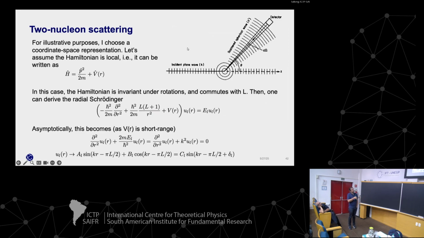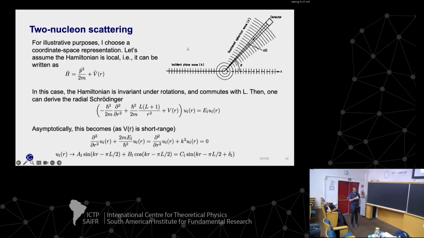And so if we look again at very, very far away from the scattering center, we don't really care about the particulars of what's happening there. We just think there is one potential, it does something to the particle, and we measure it out here, very far away from the scattering center. So we can look at the asymptotic wave function. For the asymptotic wave function, this whole thing simplifies because R becomes infinity.